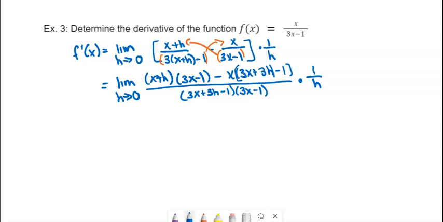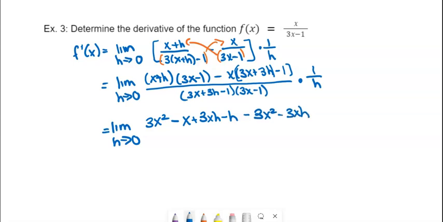This just keeps getting messier and messier, but if we're careful, we can work it through. My first term is going to be 3x squared. Second term is going to be minus x. Then I'm going to have a 3xh, and then a minus h, minus 3x squared, minus 3xh, plus x, all divided by h times (3x plus 3h minus 1) times (3x minus 1).